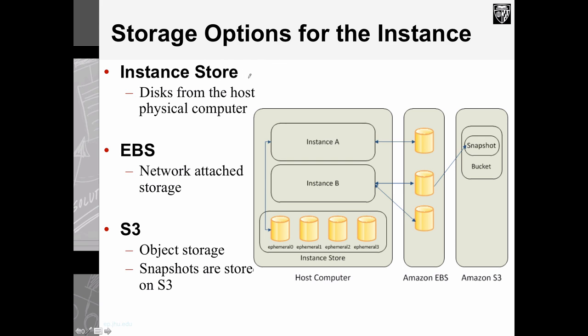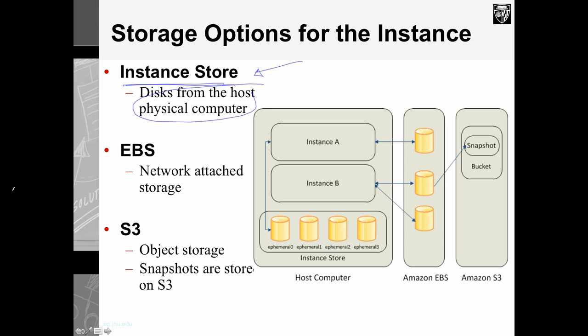So the instance store is the disk that is physically attached to the instance. If they have virtualization and multiple instances on top of that virtualization, they may carve out some portion of that disk and allocate it to your instance. That storage is called instance store. Typically, we don't want to use this instance store for anything that you want to preserve.